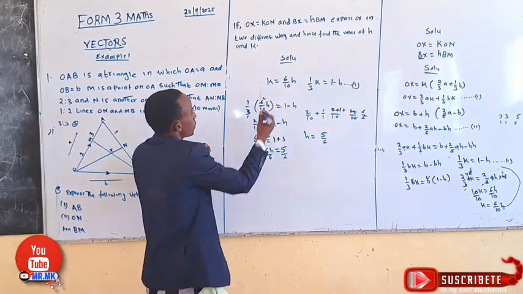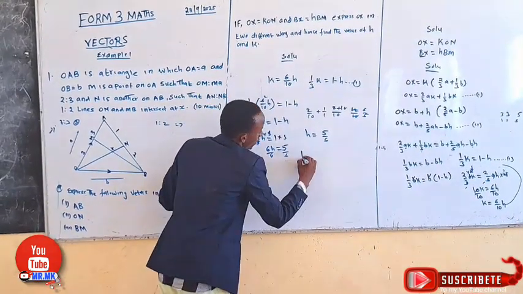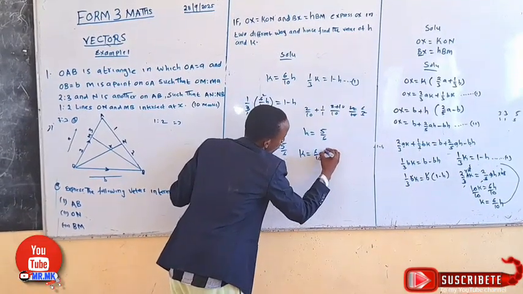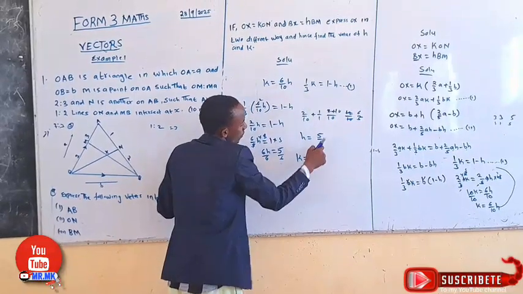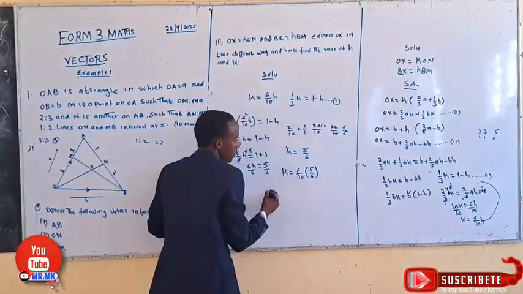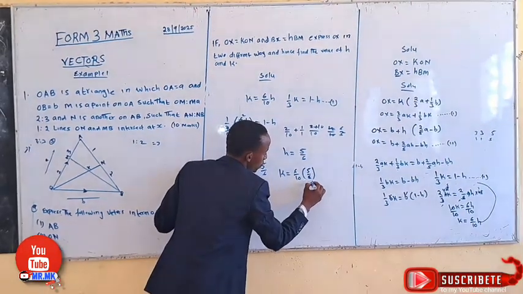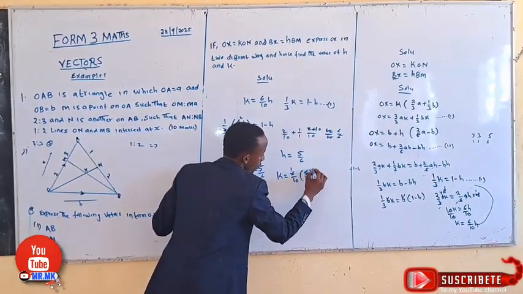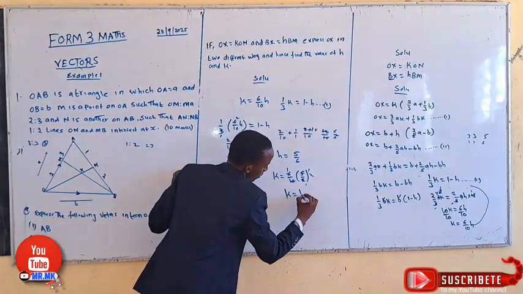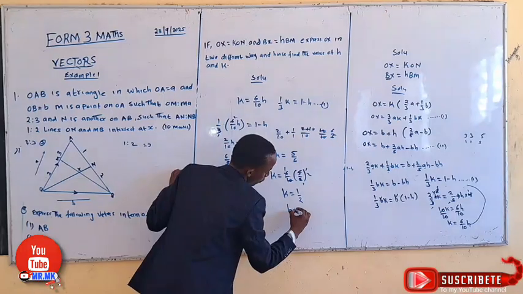You just go and substitute it here, where k is equal to 6 over 10 h, and h is 5 over 6. 6 divided by 6 is 1, 5 divided by 5 is 1, leaving 1 over 2. Now the value for k is a half and the value for h is 5 over 6.